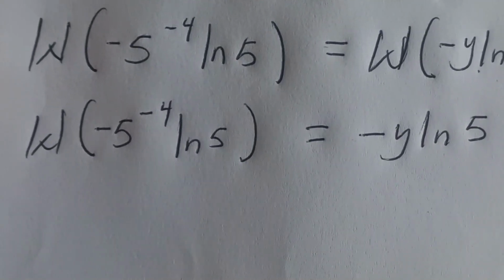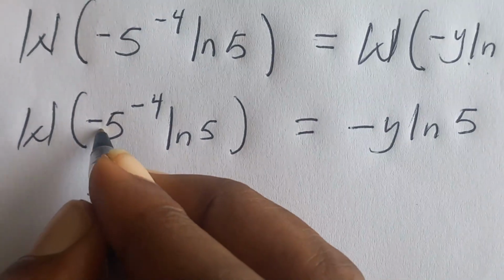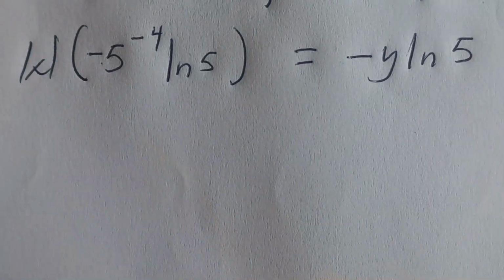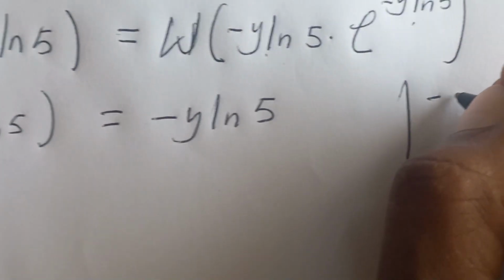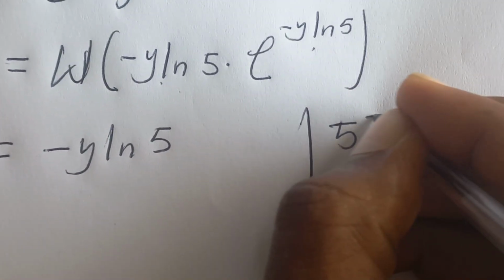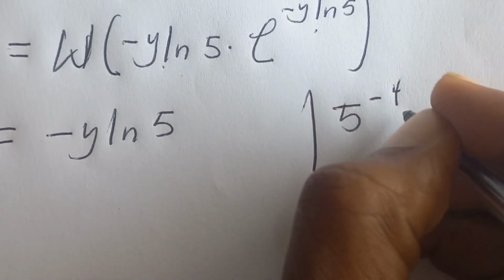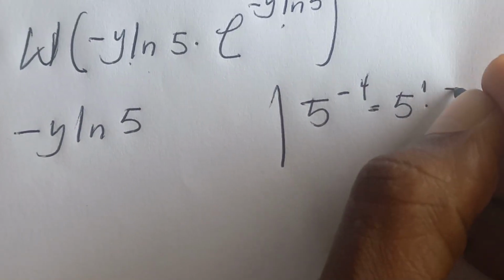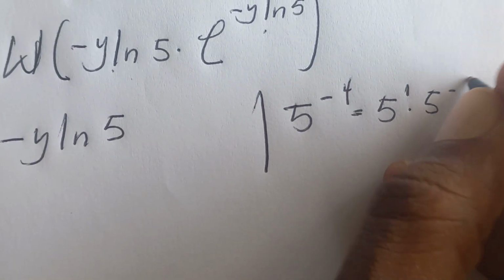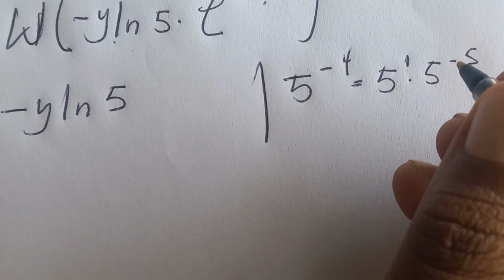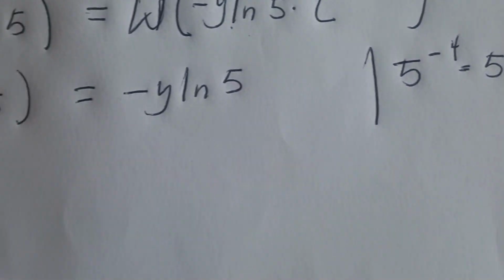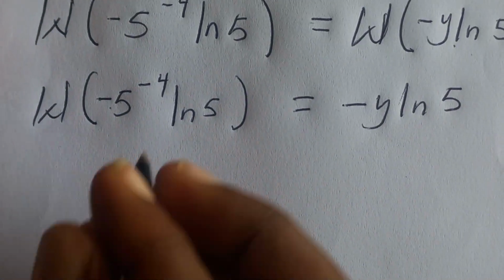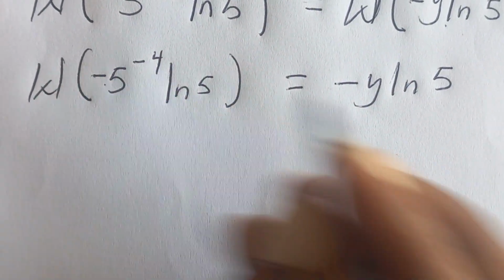Now, looking at this negative 5 exponent negative 4, we can rewrite it as 5 exponent 1 multiplied by 5 exponent negative 5, like this. So now let us replace our negative 5 exponent negative 4 by this expression.